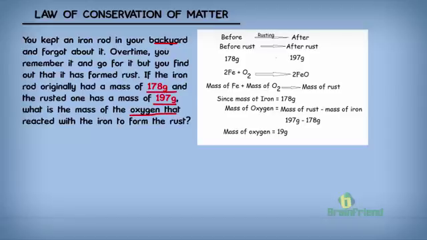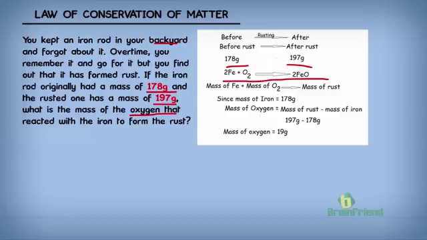So before rust and after rust: before rust we had the mass of the iron rod at 178 grams, and after the rust we had it at 197 grams. Putting it in the form of an equation, we have iron reacting with oxygen to give us iron oxide.